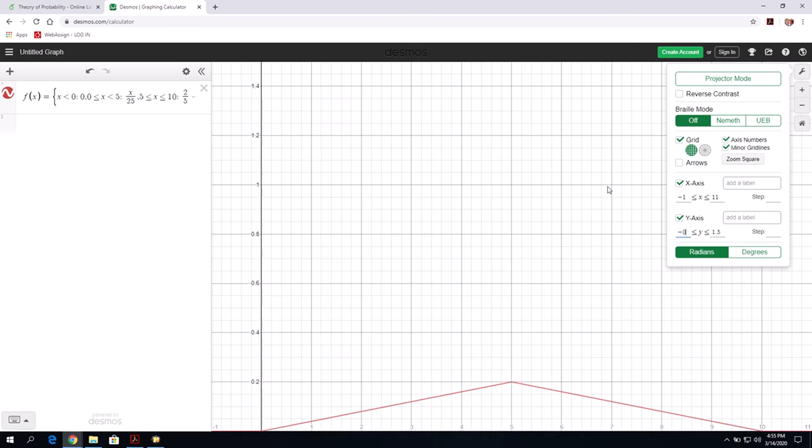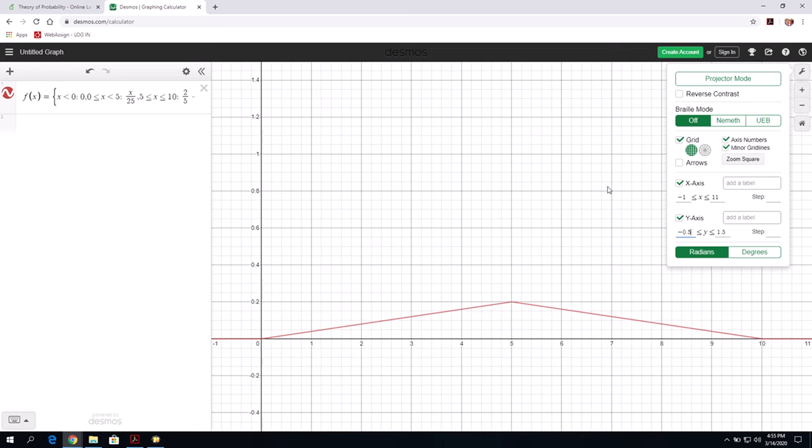I'm getting obsessed here, but there it is. That looks a lot like what we were graphing on the board earlier.